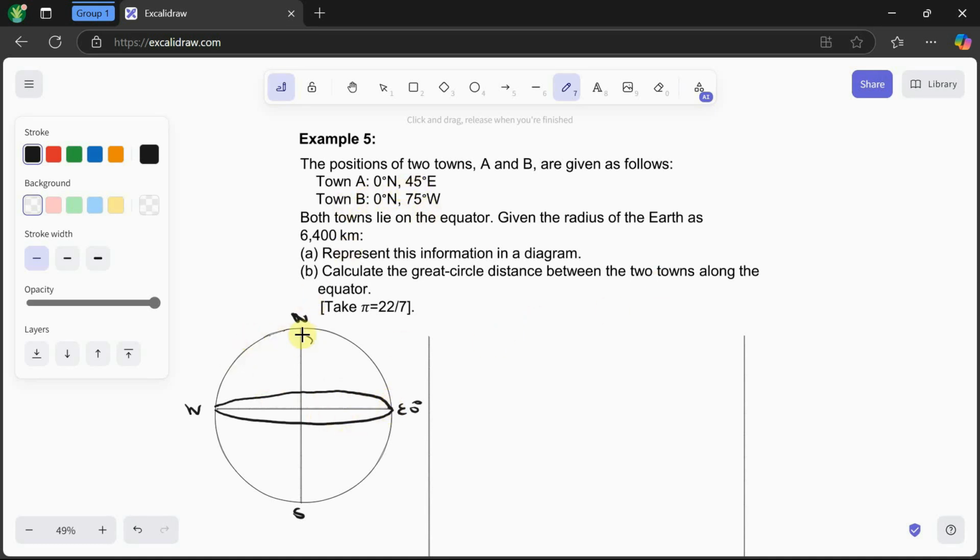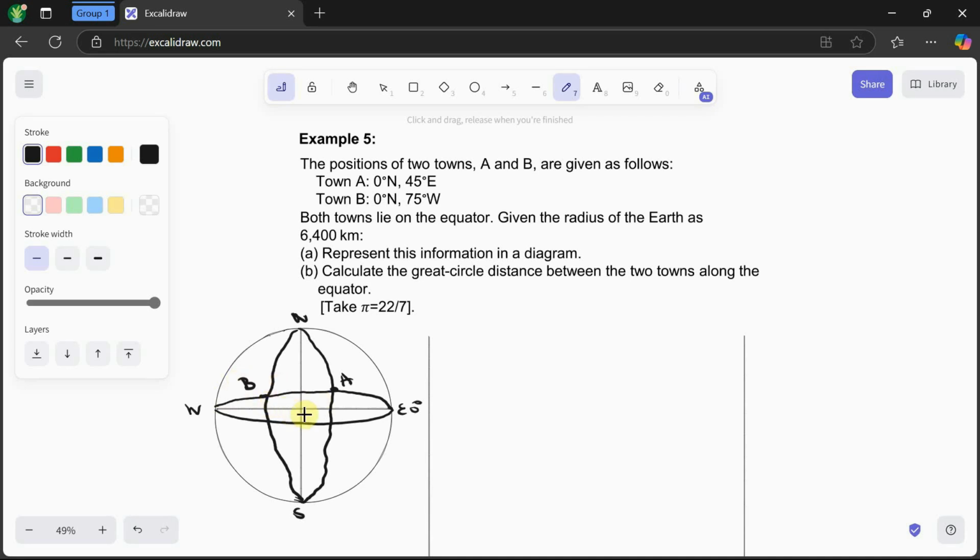So here I'll draw a line. This point, because it's due north, really it's just at the equator, right? So this point here is point A, and now it says 75 degrees west. So from this point here, I'll draw a line. So these are points B.